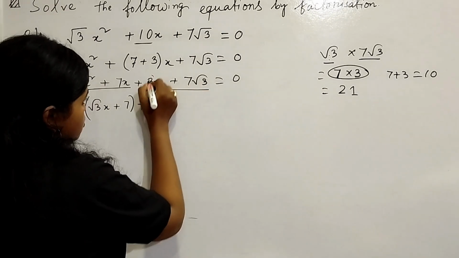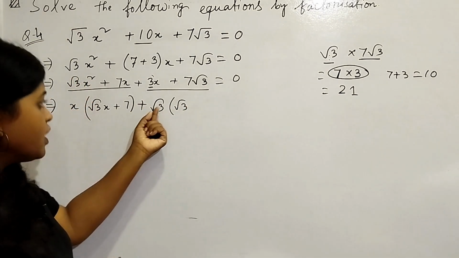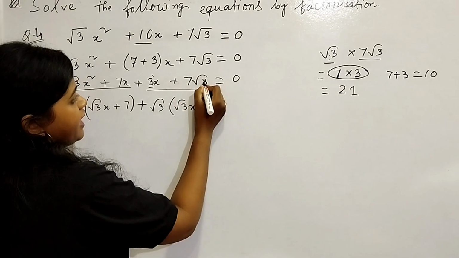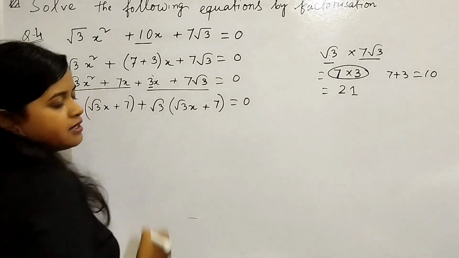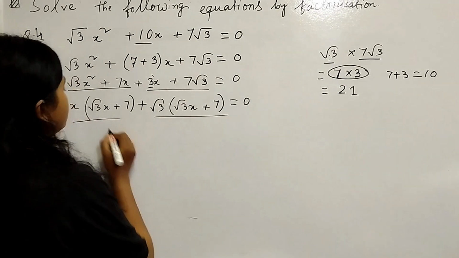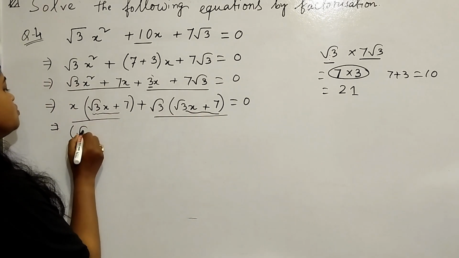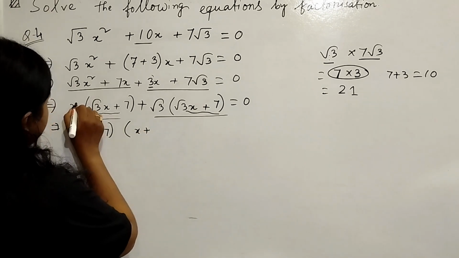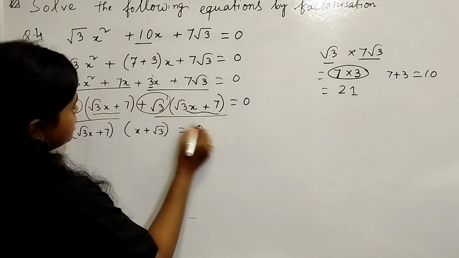If I take root 3 from this term, it becomes root 3 because root 3 and root 3 becomes 3. Clear? So x is there and root 3 is taken. So 7 is remaining here equals to 0. So now from these two terms we get root 3 x plus 7 into x plus root 3, so x plus root 3 equals to 0.